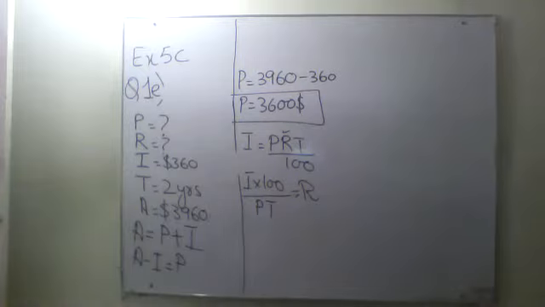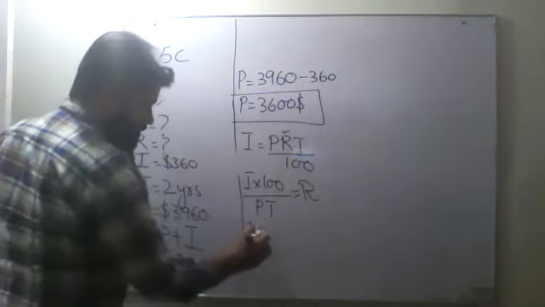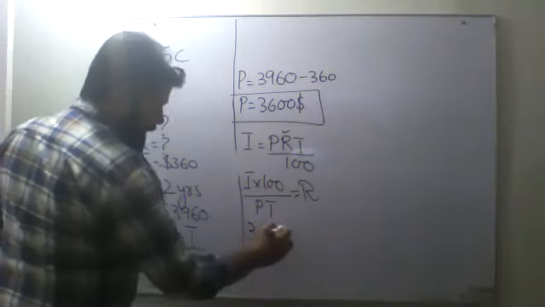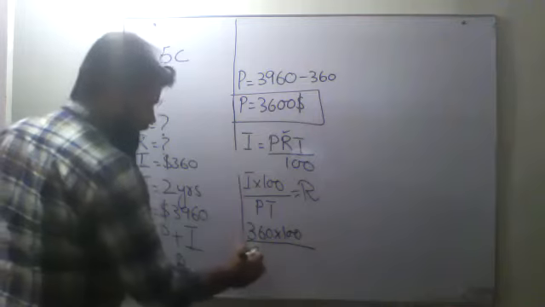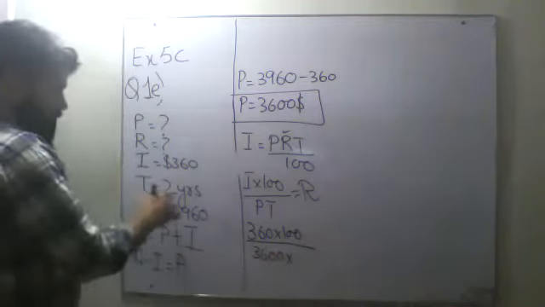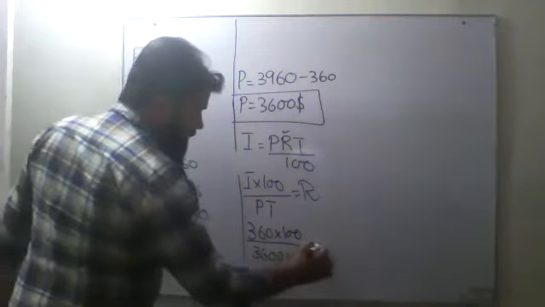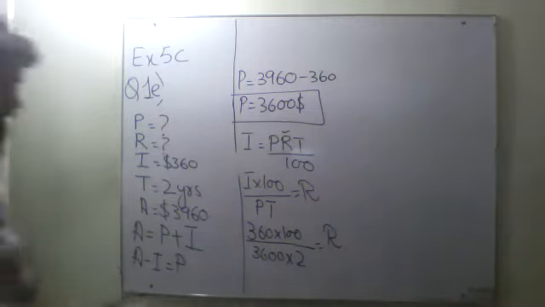Okay. So what is I coming? I was given as 360 multiplied by 100. P is given as 3600 into time, which is given as 2 years, and I have to find the rate.